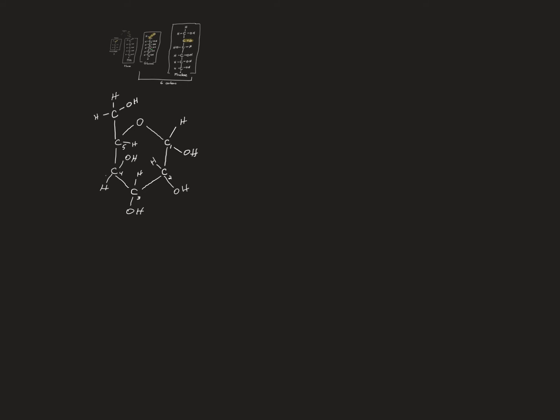And you can count them, but the ratio would be CHO. So that's a ring structure. It would be one carbon to two hydrogens to one oxygen. So those would be ring structures.